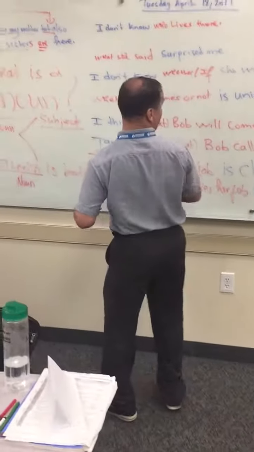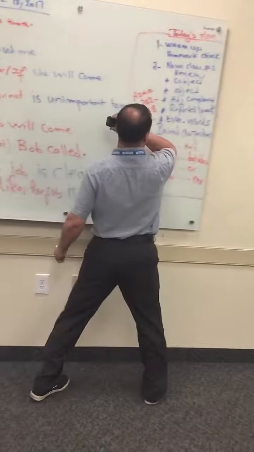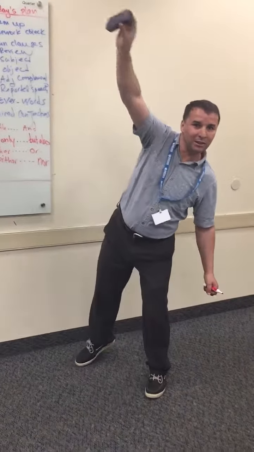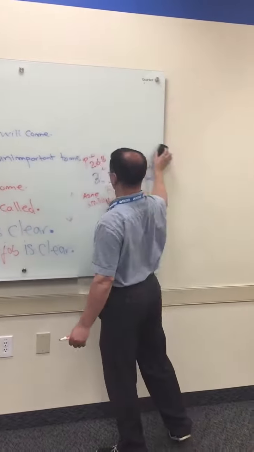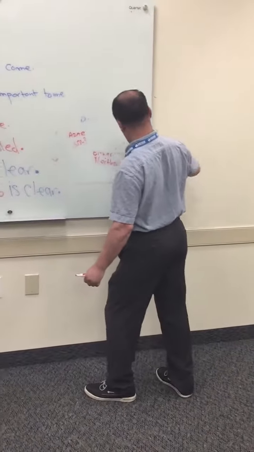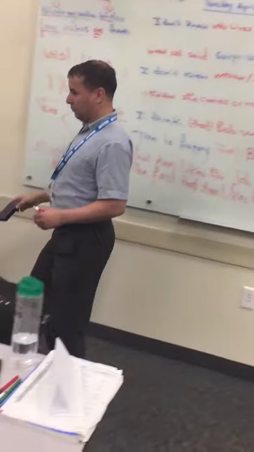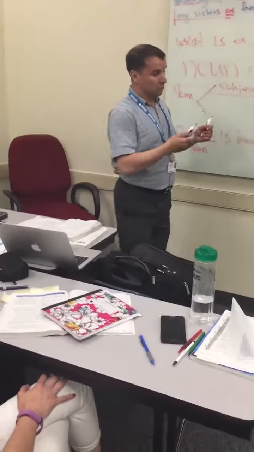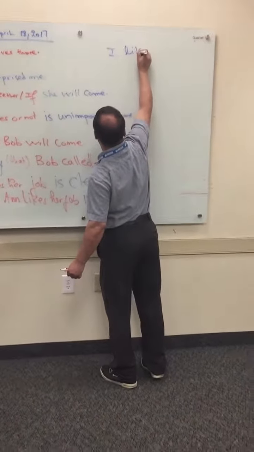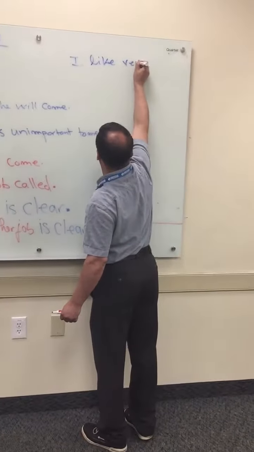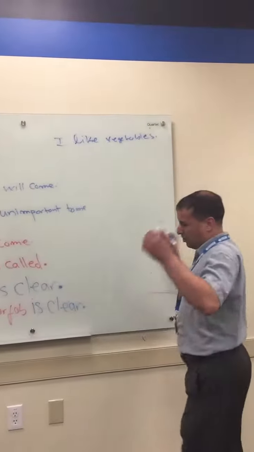Good. Let me see if I can create some space here. Is that okay if I erase this, Ms. Jones? Okay. For instance, if you say, I like vegetables in general.